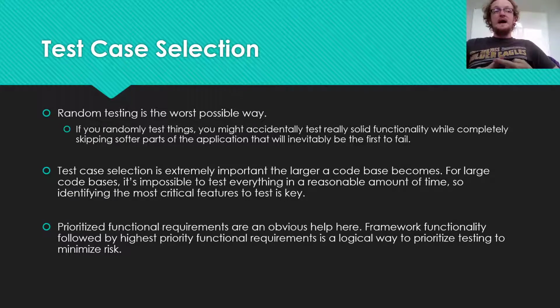So if you have started the whole process with a really nice list of functional requirements, which you're hopefully working on right now for the first iteration, and you have prioritized those functional requirements in such a way that you know what is a stretch goal and what's the absolute most mission critical thing for the application, you can obviously use those prioritized functional requirements to help you with test case selection.